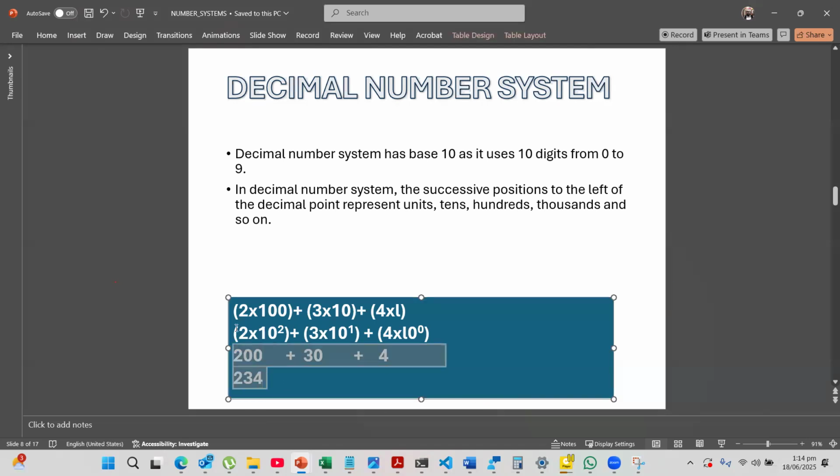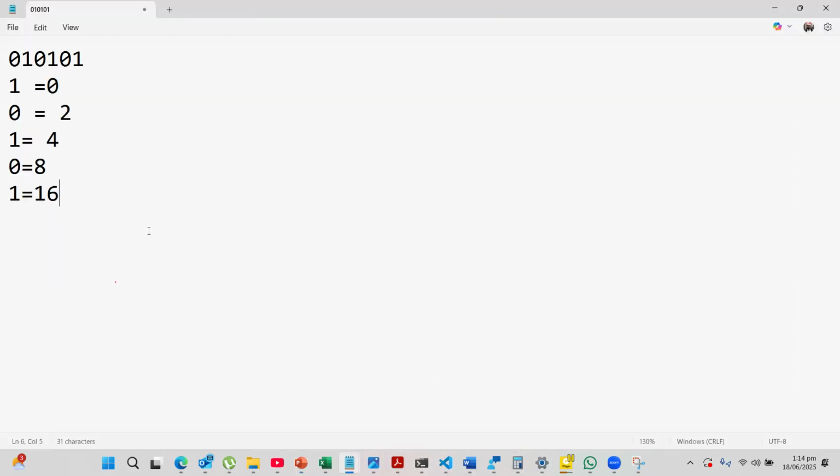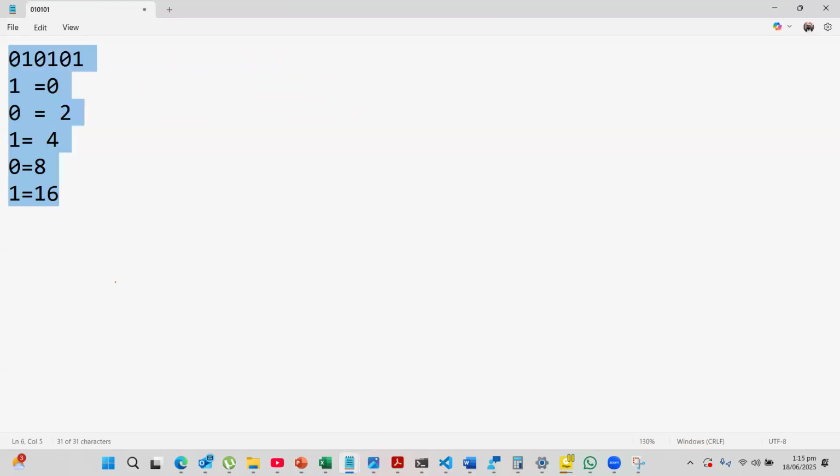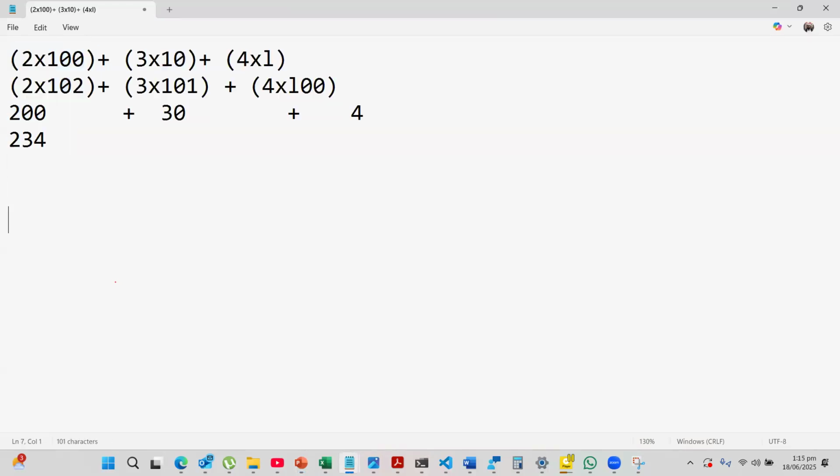And this I have already explained, whereby if I have a digit in the first cell, for example, let's take this one over here and come into the plain screen and see if we can break it down. So if I have this 4 over here, technically, it is 4 times ten raised to the power 0.